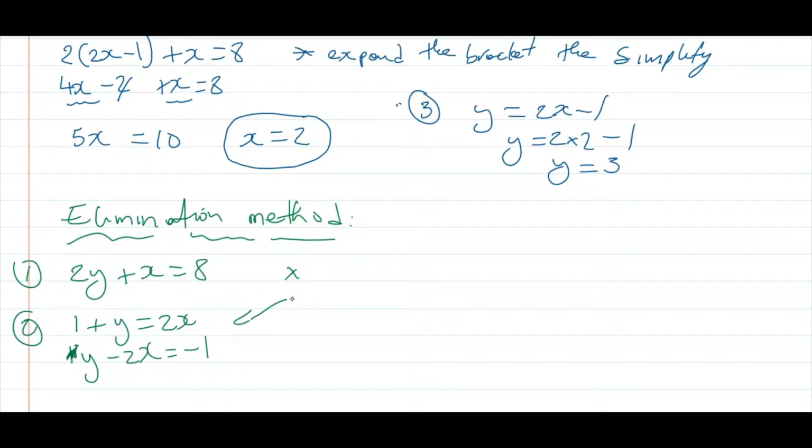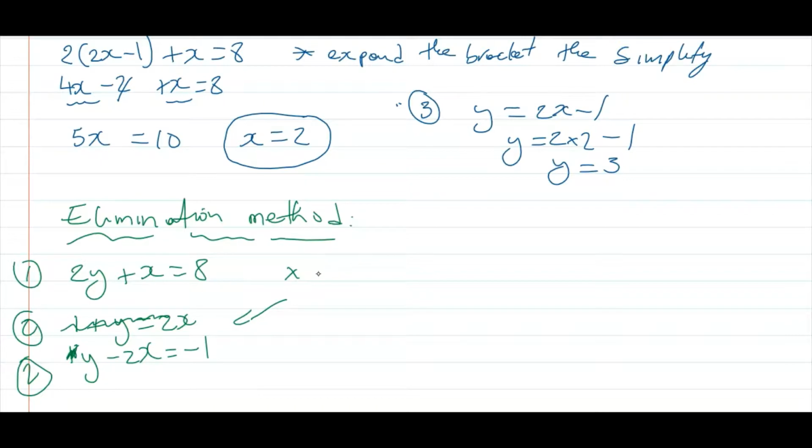Now we're going to see which variable we're going to get rid of. This is the new equation 2. Looking at the variables, we have 2y and x in equation 1, and y and minus 2x in equation 2.